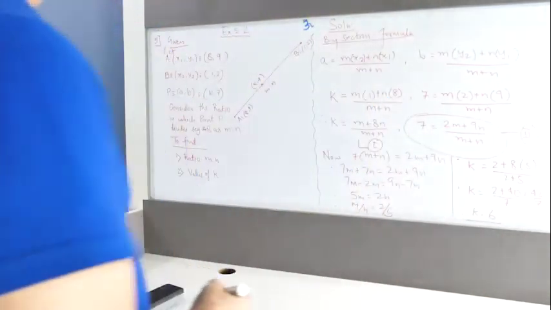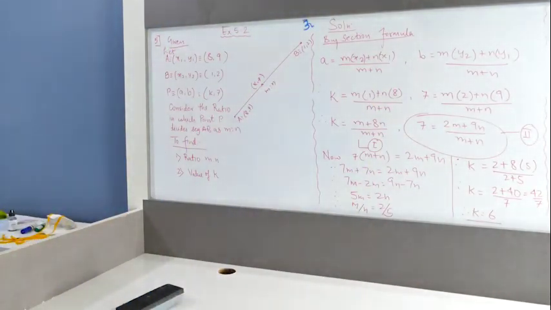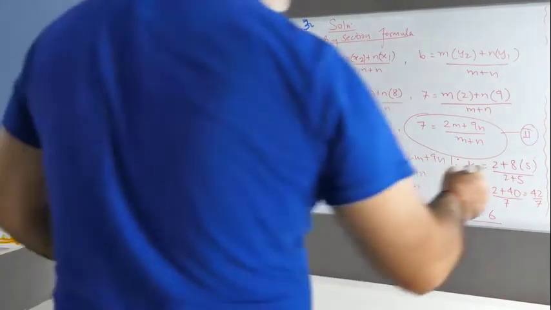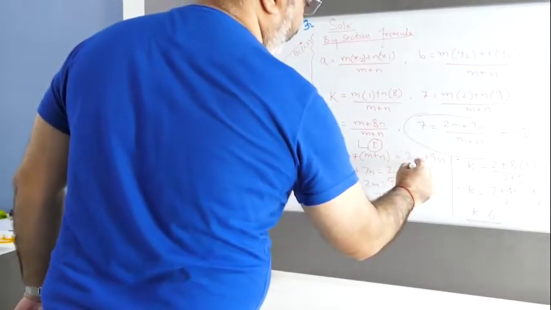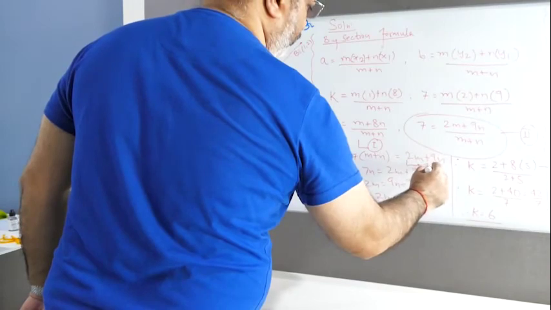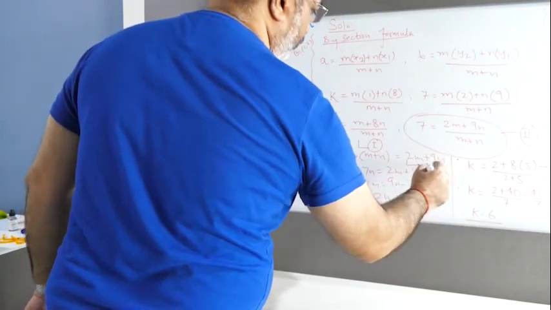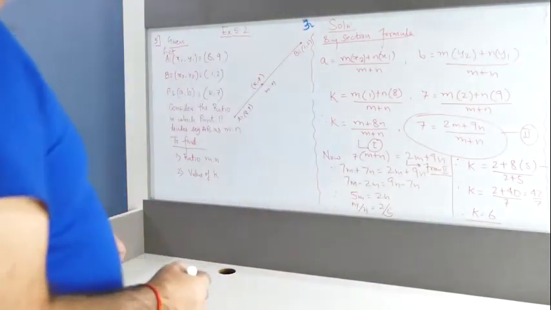So you got the value of k. Alright, so this is from Roman number 1, and this you have got from 2. Okay, clear?